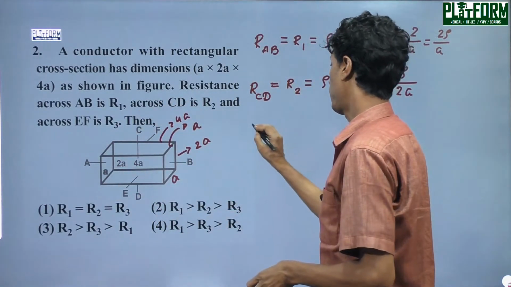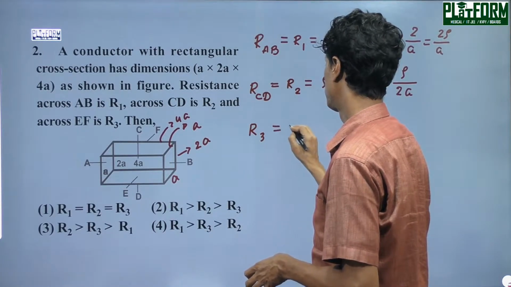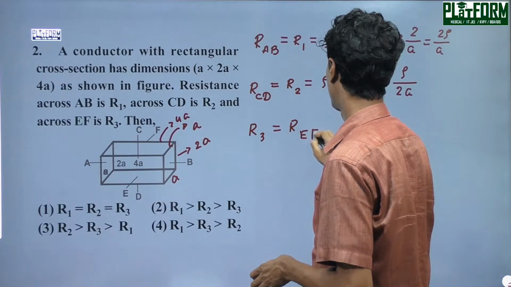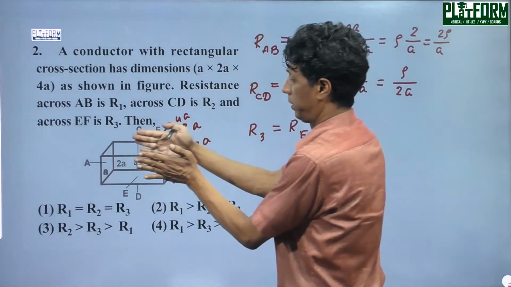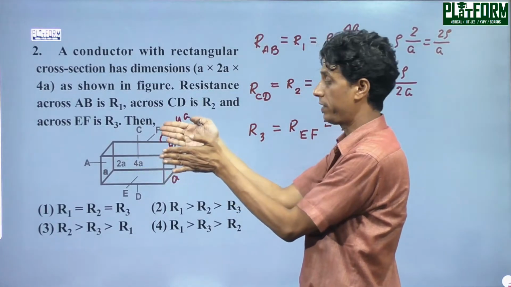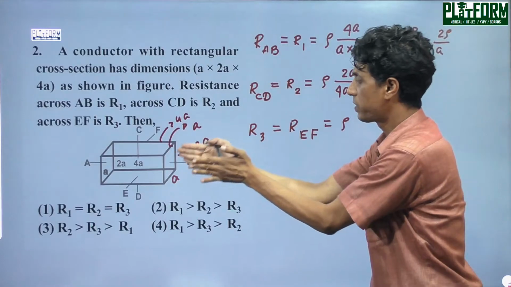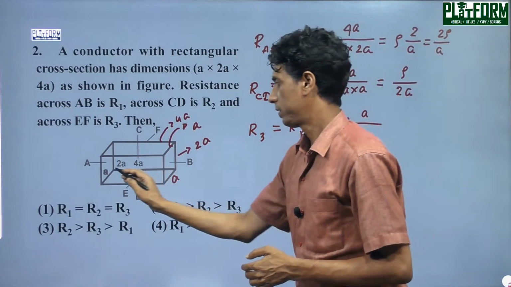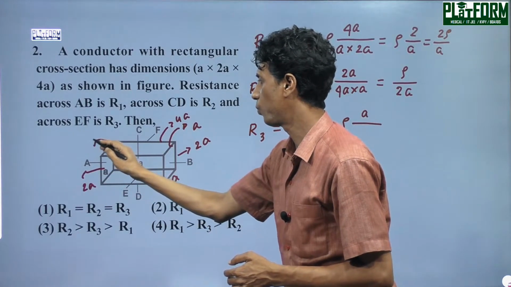And the third one, R3, it is rho, length A, between these two surfaces, this side and other side. The length of this side is A, and this side is 2A and this side is 4A.